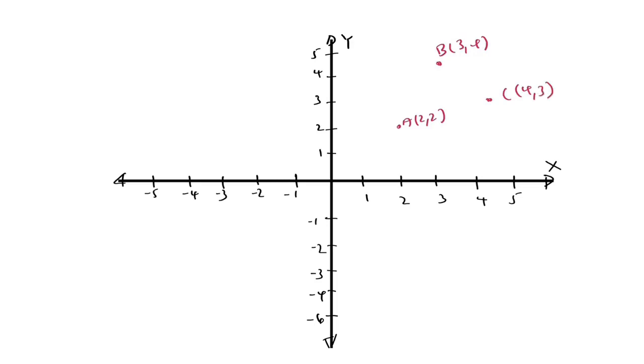Okay, so next we are going to draw the perpendicular line from point A crossing the y-axis. The distance from point A to the y-axis must be equal to the distance from the y-axis to the image. Next, we are going to draw the perpendicular line from point B crossing the y-axis.